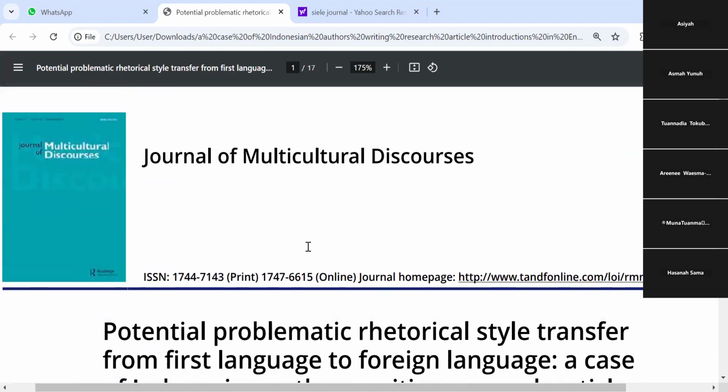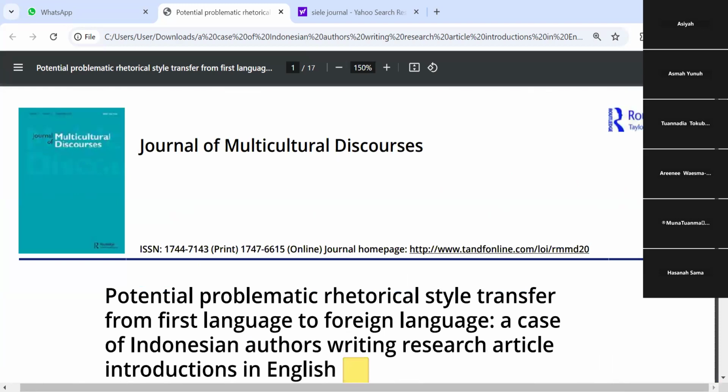And this journal is a quartile one journal, the Journal of Multicultural Discourses, published by Taylor and Francis, Routledge, Taylor and Francis Group.